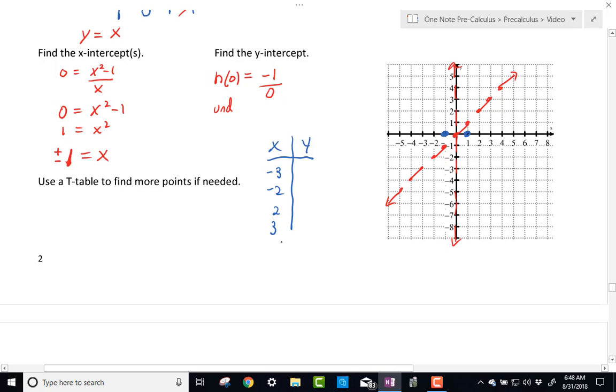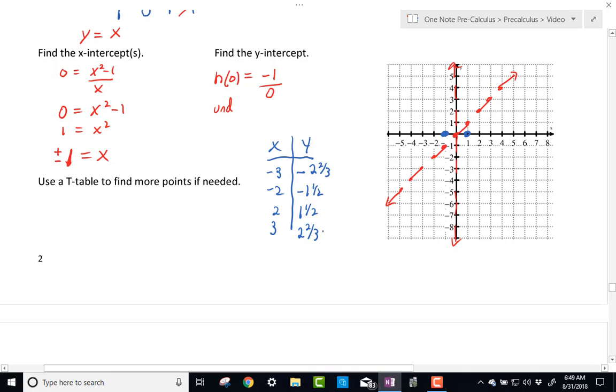It just depends on what helps you out. So at negative 3, I'm at negative 2 and 2/3. At negative 2, I'm negative 1.5. At positive 2, I'm at 1.5. Interesting how this one turns out, huh? And at 3, I'm at 2 and 2/3.